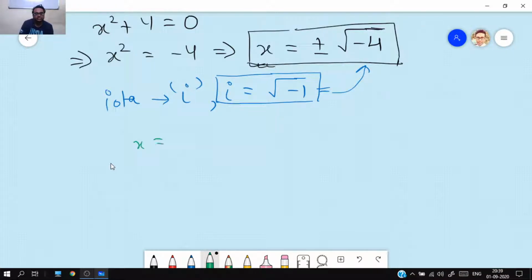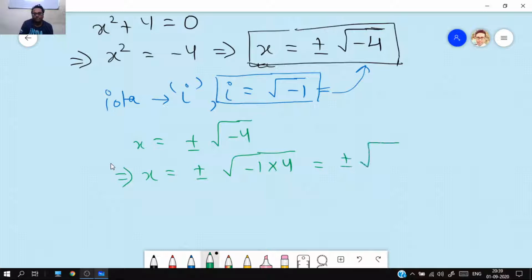x is equal to plus minus under root minus 4. This was our final value. We can rewrite this as plus minus under root minus 1 into 4, or plus minus under root minus 1 again under root 4.